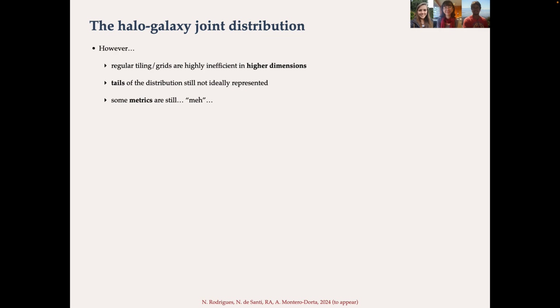So with many galaxy properties, this becomes unfeasible. Moreover, some parts of the distributions were still not perfect. They were not well represented, even with the classification that we had. Besides, some of the metrics that we used to capture how faithful our predictions were were still not perfect.